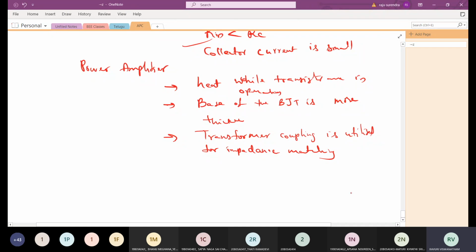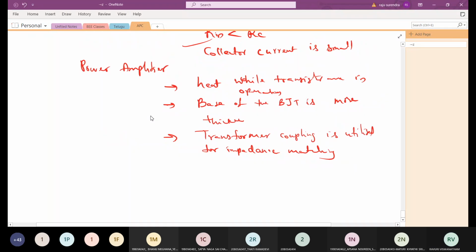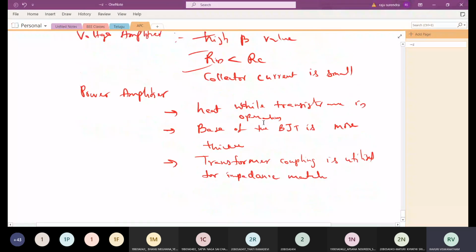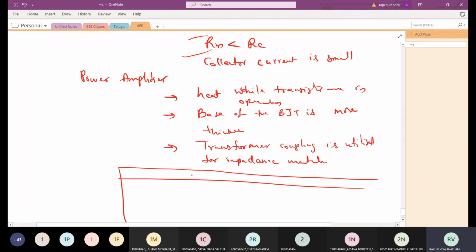For example, if we draw a table, the first one is beta value.